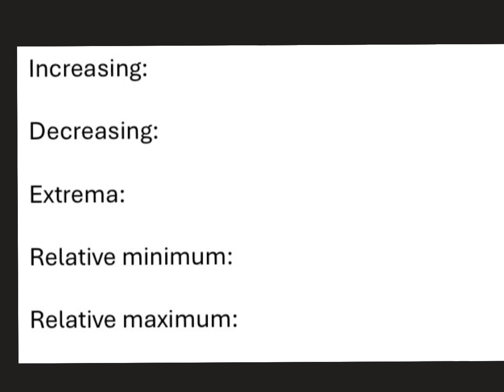Next, we're going to write down some definitions: increasing, decreasing, extrema, relative minimum, and relative maximum. Increasing is where a graph goes up.